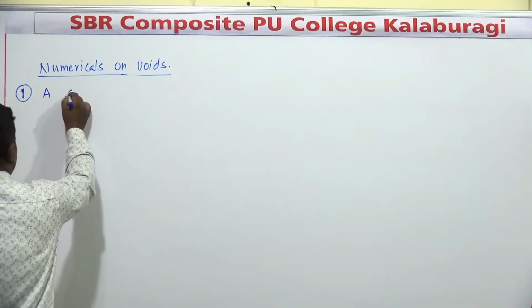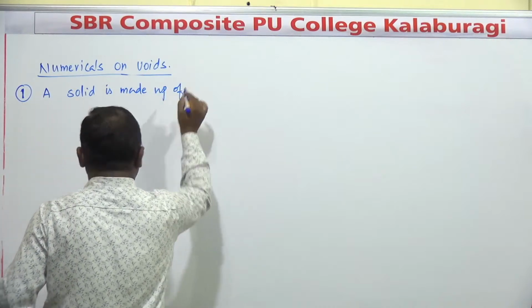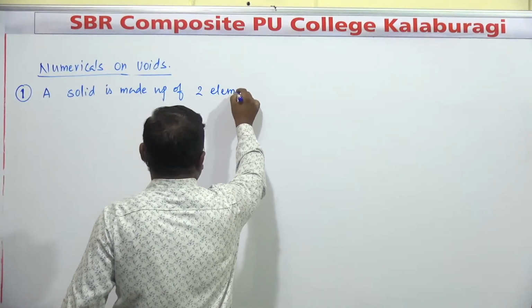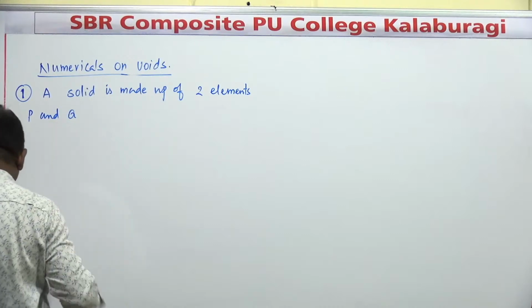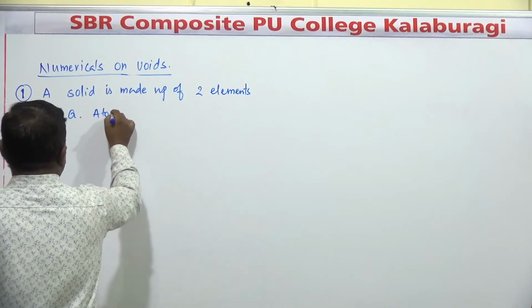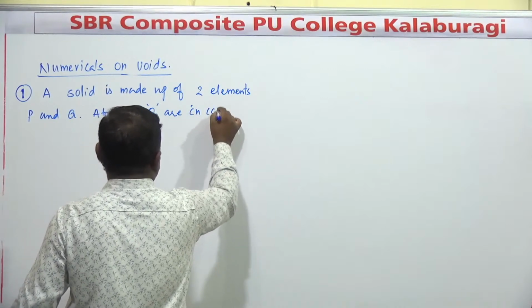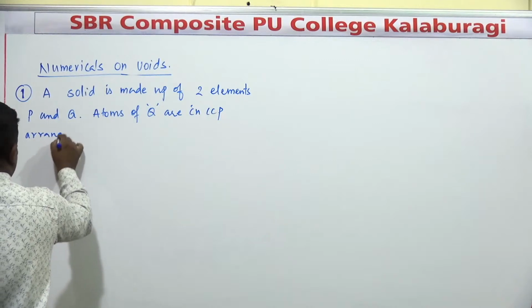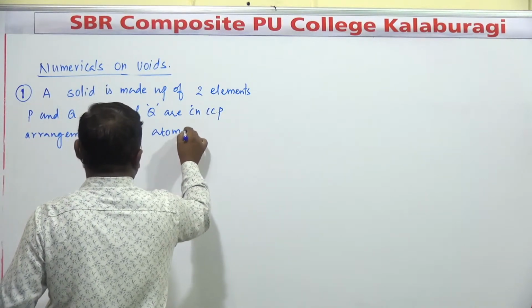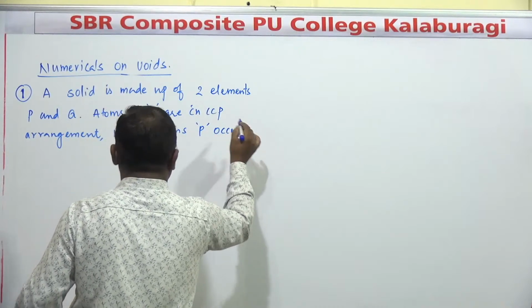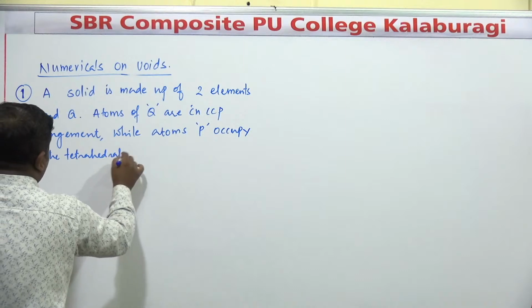First one: a solid is made up of two elements P and Q. Atoms of Q are in CCP arrangement, while atoms P occupy all the tetrahedral sites.